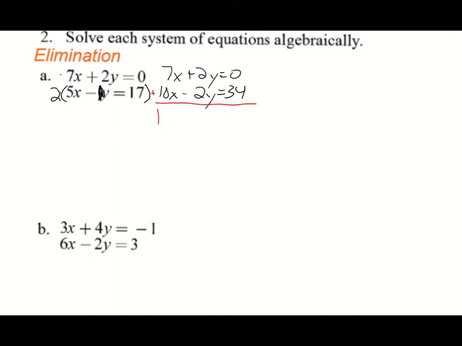This becomes a 17x, and the beautiful thing that happens here, and that's why it's called the elimination method, is we just eliminated the y variable, because the positive 2y and the negative 2y is 0. So now there's no more y's. And our resulting equation is, we just have 34 on the other side. So we have 17x equals 34, and that's a pretty basic equation to solve.